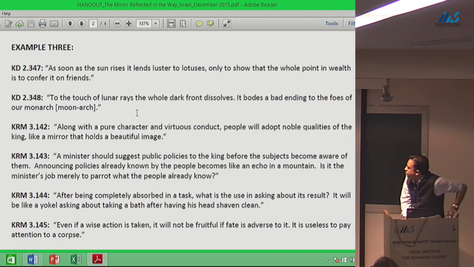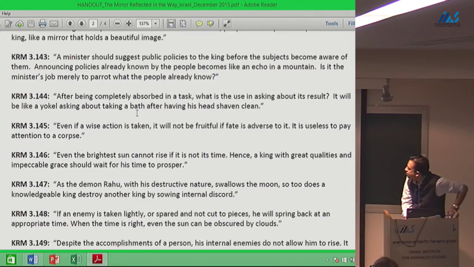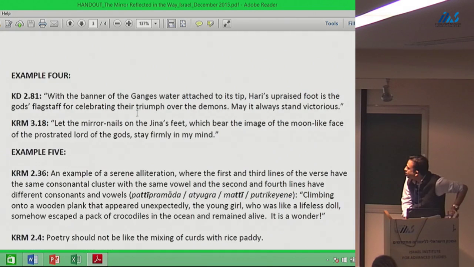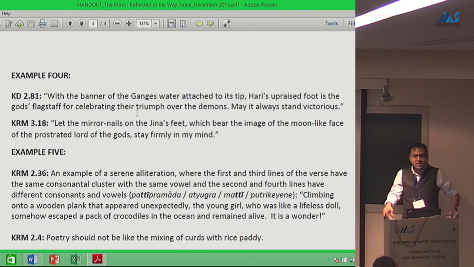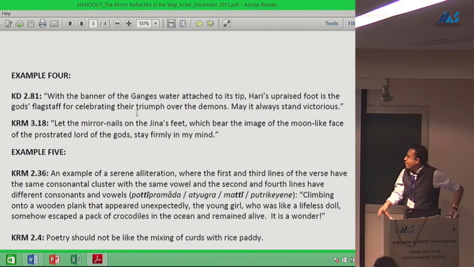The fourth one is probably not particularly worth going over again, because it seems like we've been going over it already, and this is the whole Jina, Vishnu, Hari, Shiva thing. I didn't have much more to say about this except just to point it out.